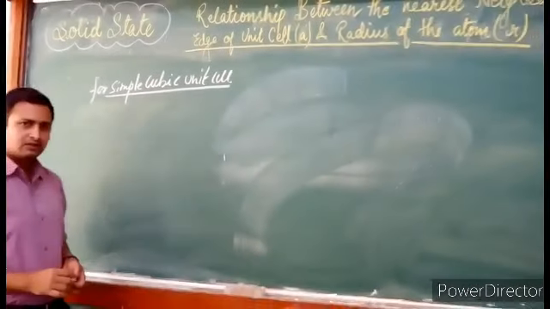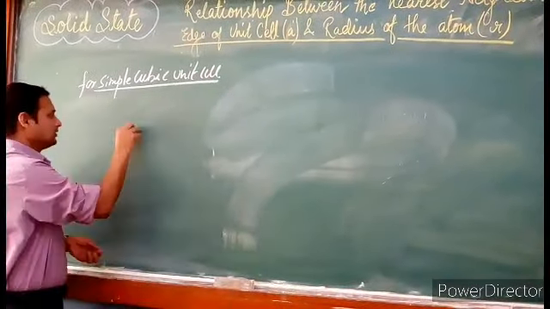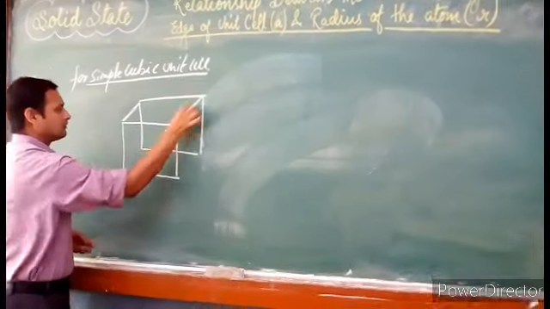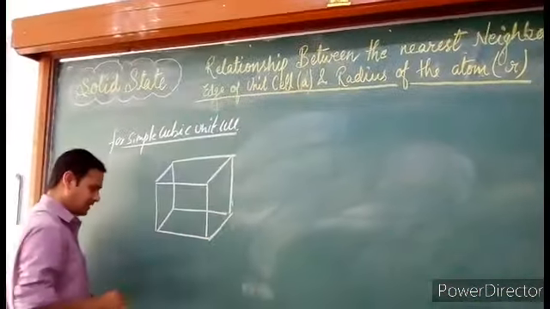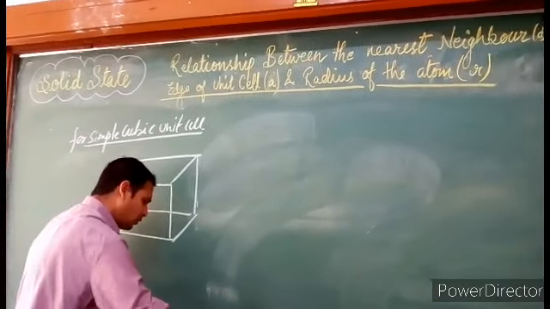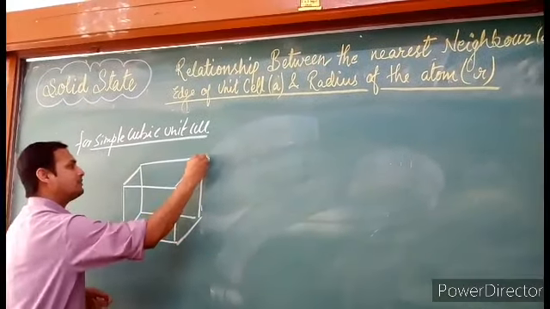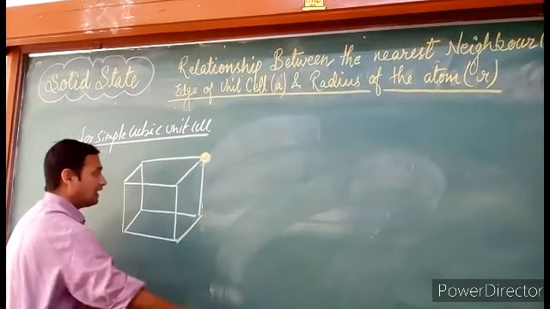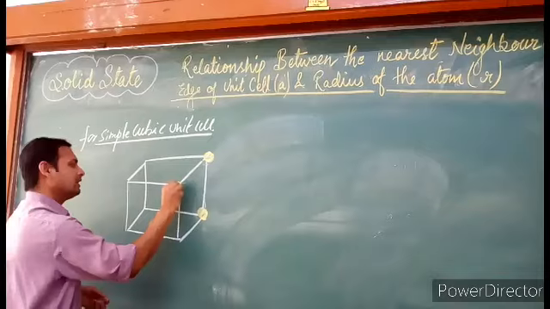Dear students, जैसे कि हमने कल पढ़ा था, for simple cubic unit cell what we are having in that unit cell? A cube having atoms only at the corner.